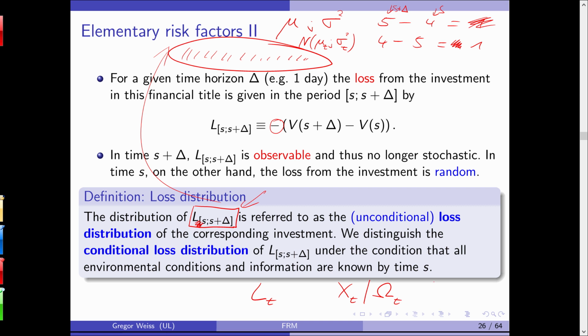Sometimes you also write it in this way. This, I think, makes more sense. What do you call a filtration? A filtration means that you have a staggered set of information sets that are increasing in nature, because every day you have more information available. And so this looks like a Russian puppet toy that becomes larger and larger. And this is basically the same idea, but empirically it depends on how you estimate it.